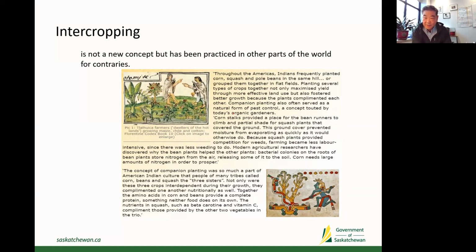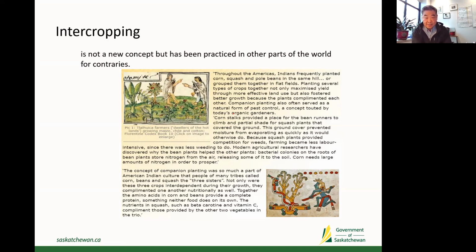Intercropping really needs intensive care, and it fits small farms with intensive management. In an earlier time, if you see this slide, which I just found yesterday, many North American Indian tribes started growing corn, pole beans, and squash together, the so-called three sisters. It was a very popular concept in the First Nation community.